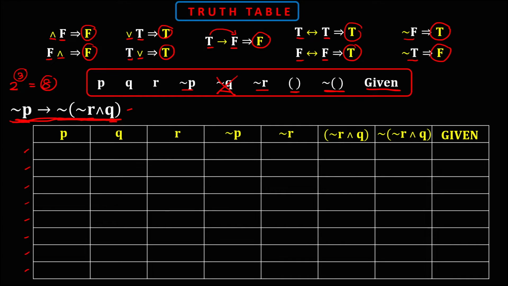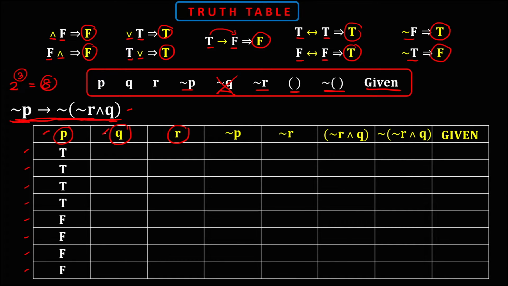Then this time, fill out the table, starting with the given variables because the values for these variables are fixed or constant. For P, that's true, true, true, true, so four trues and four falses. These values for P are fixed.